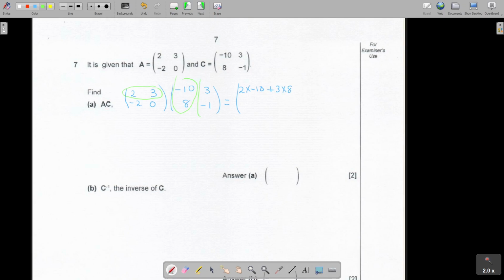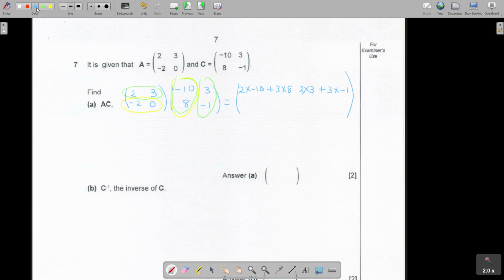And then I go to this one, and it's going to be 2 times 3, plus 3 times -1. Okay. And then I'm going to the next. So now it's this one with this one.